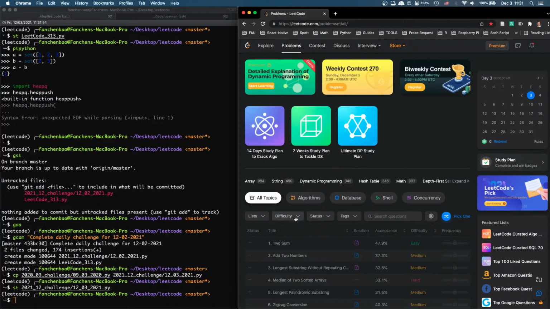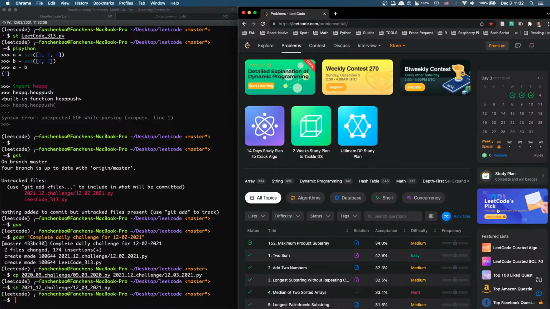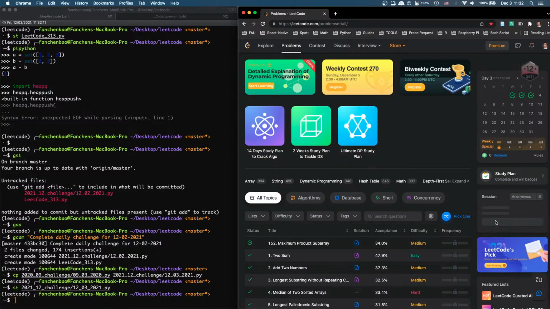Now we can win badges by completing a study plan. Yeah. What's that? LeetCode's pick. Start creating. Interesting. Okay, medium. Yeah, we're gonna drill out as many mediums as possible.